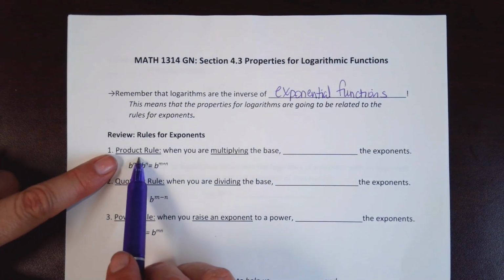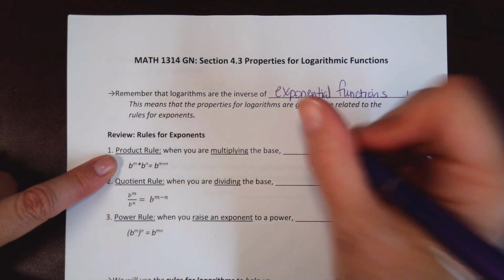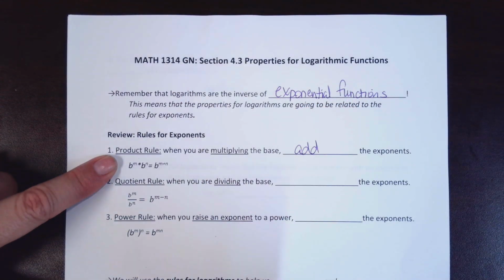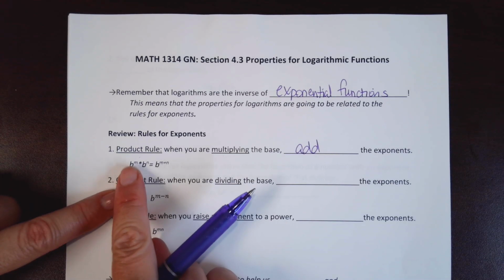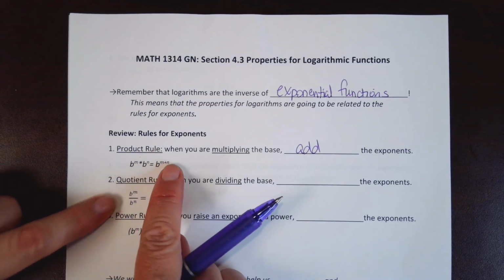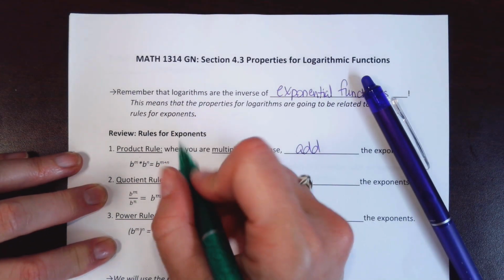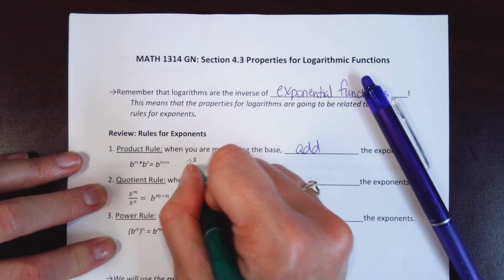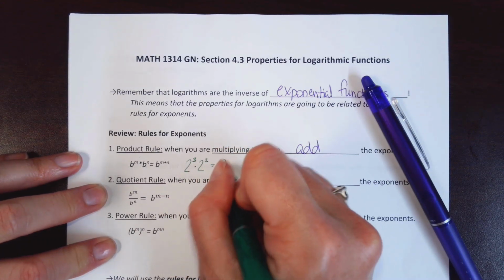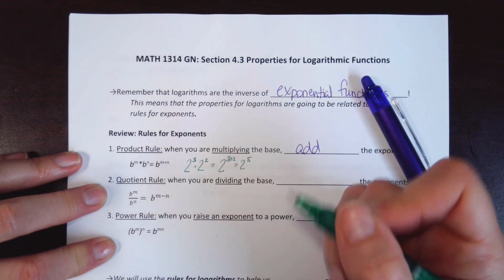Our product rule for exponents tells us that when we're multiplying the base, we add the exponents. For example, b to the m times b to the n equals b to the m plus n. An example in numbers, 2 cubed times 2 squared equals 2 to the 3 plus 2, or 2 to the 5th power.